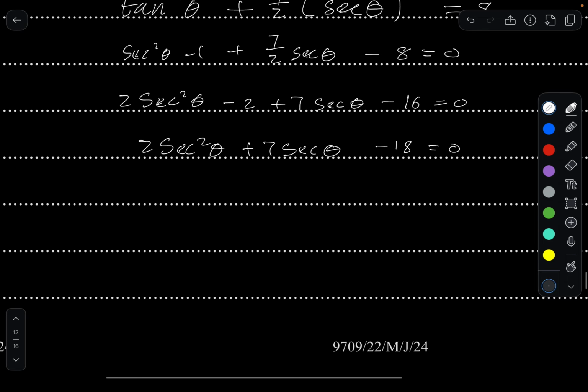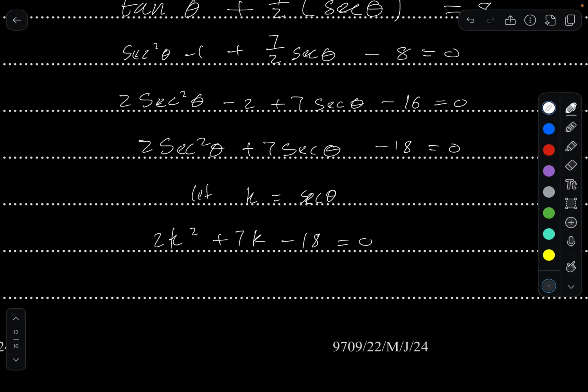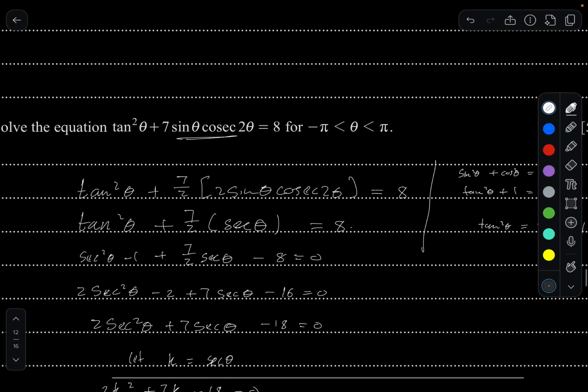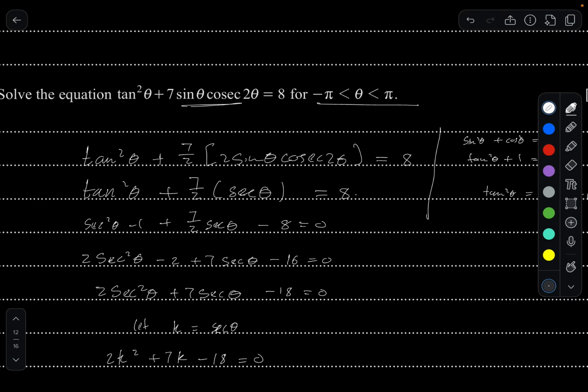You're going to solve for sec; you can say let k equate to sec theta, and then you solve a quadratic equation that looks like this. You're going to find the value of k and then make sure that it lies between the interval of negative pi and pi.